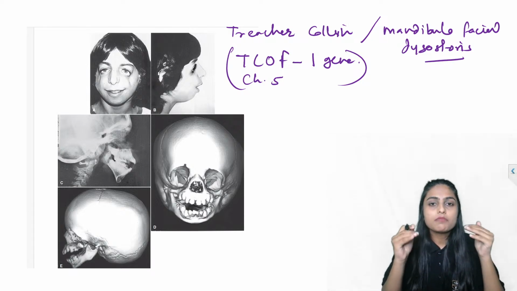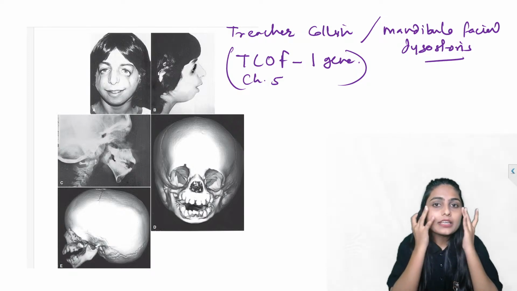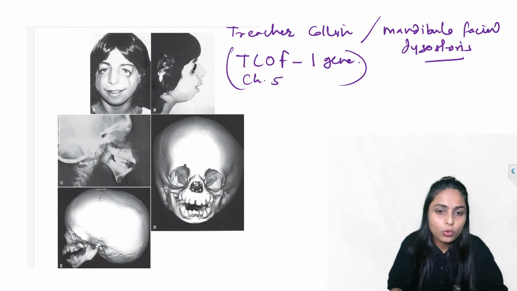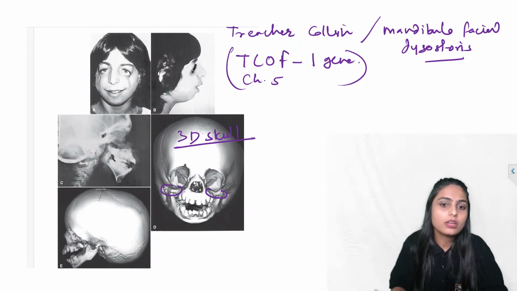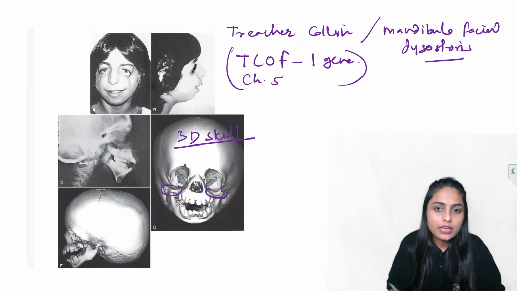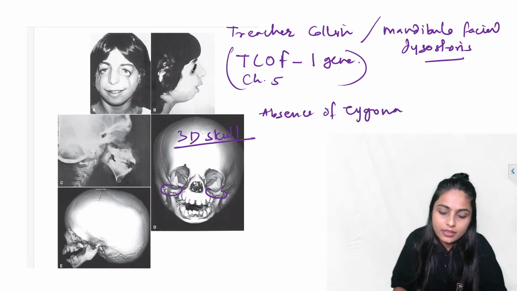The main important feature in this, as you can see, is an underdeveloped or absent zygomatic bone. This is a 3D skull radiograph. You can see there is an absence of zygomatic bone. After the orbit, directly we have the maxillary bone. So absence of zygomatic bone is there.